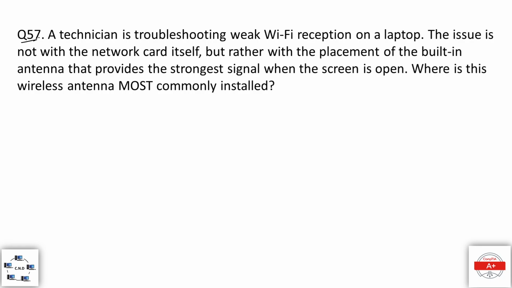Question number 57. A technician is troubleshooting weak Wi-Fi reception on a laptop. The issue is not with the network card itself, but rather with the placement of the built-in antennas that provide the strongest signal when the screen is open. Where is this wireless antenna most commonly installed?